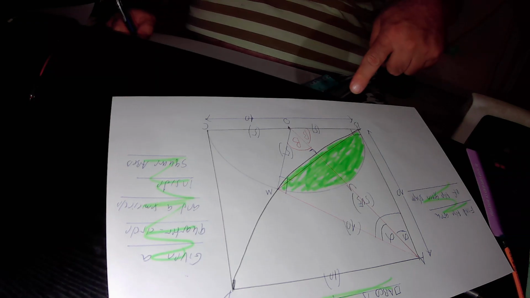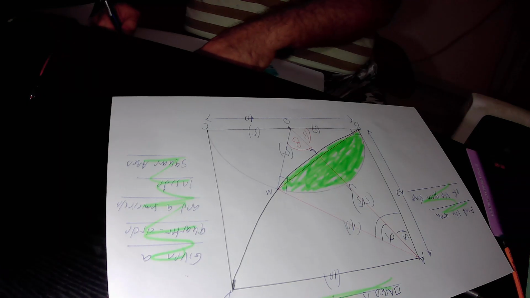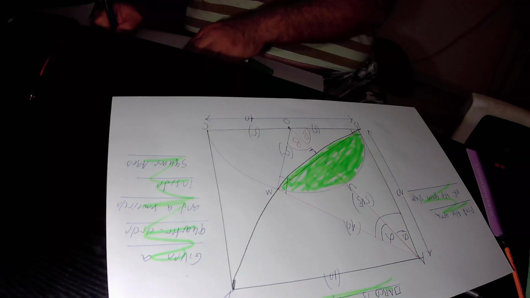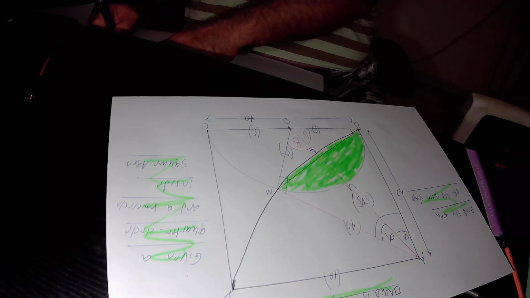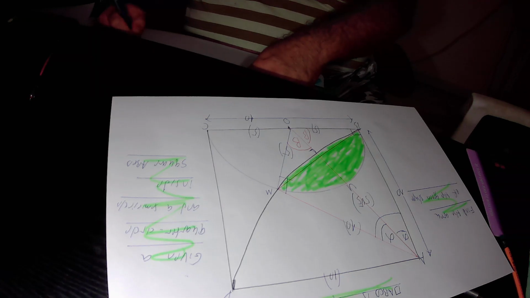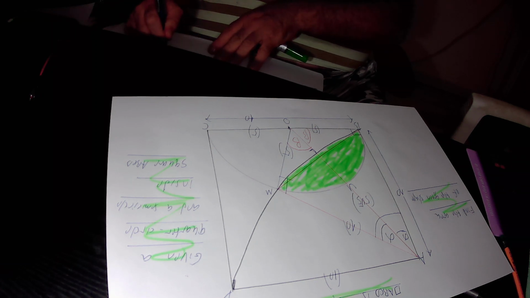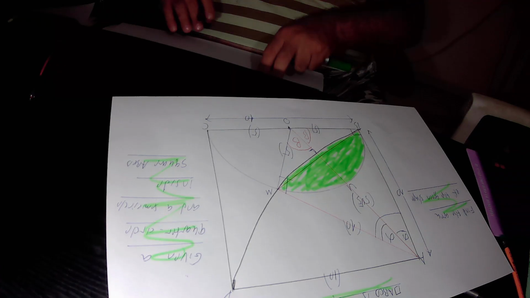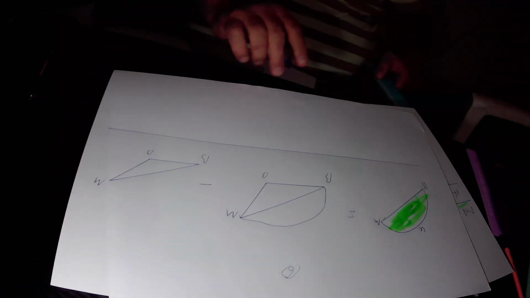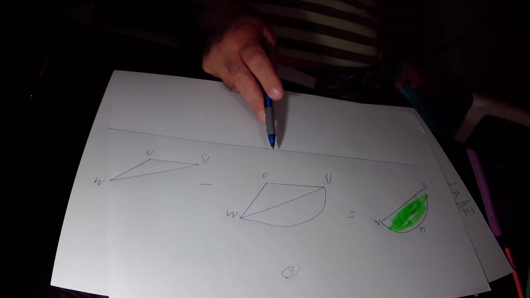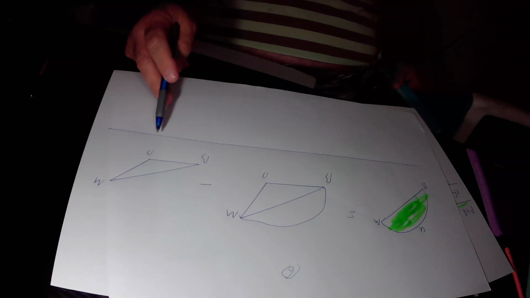minus the area of this triangle OBM. The area of this upper segment BUM equals the area of the big sector OBM minus the area of triangle OBM.